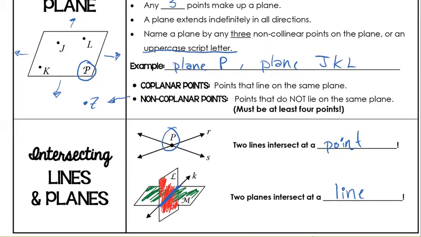This is their intersection. This is where they touch. This is where they meet. So hopefully that makes sense. I know it's kind of hard to imagine 3D objects on a 2D plane, but we're trying.